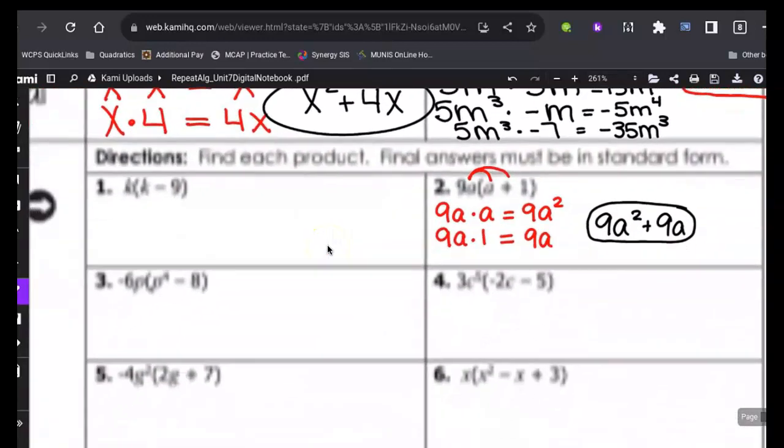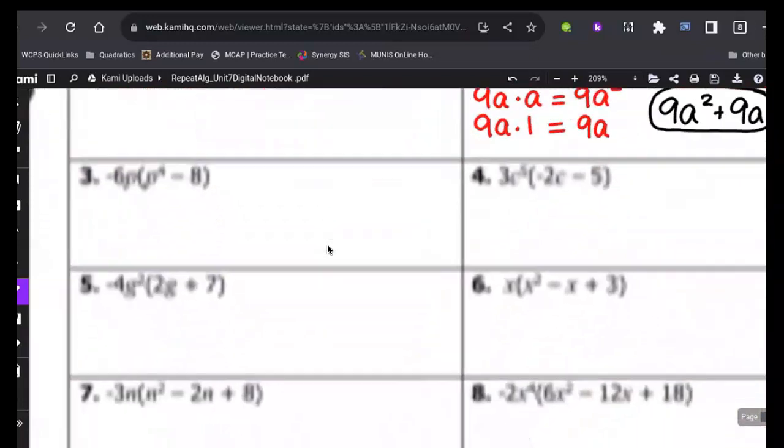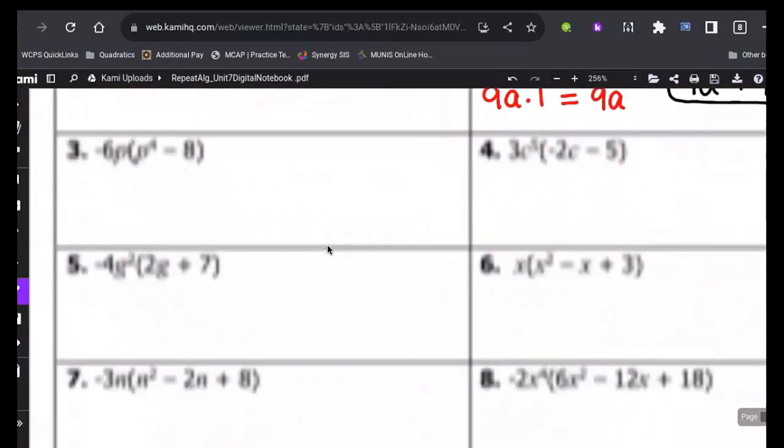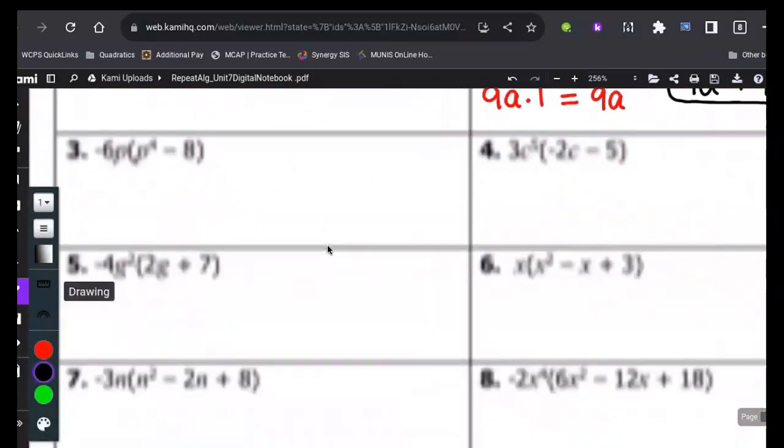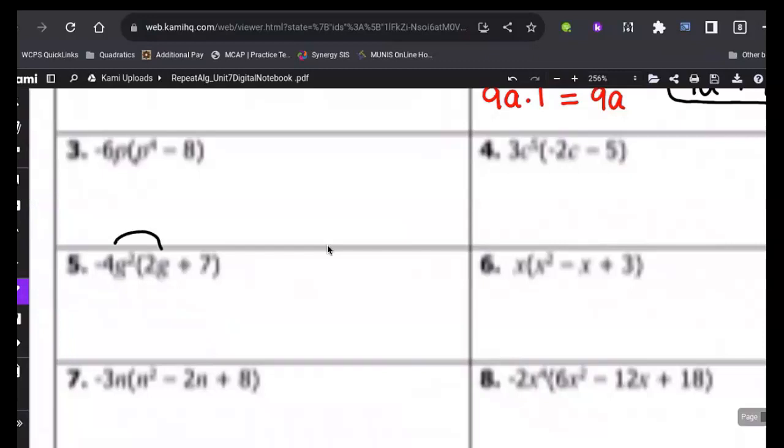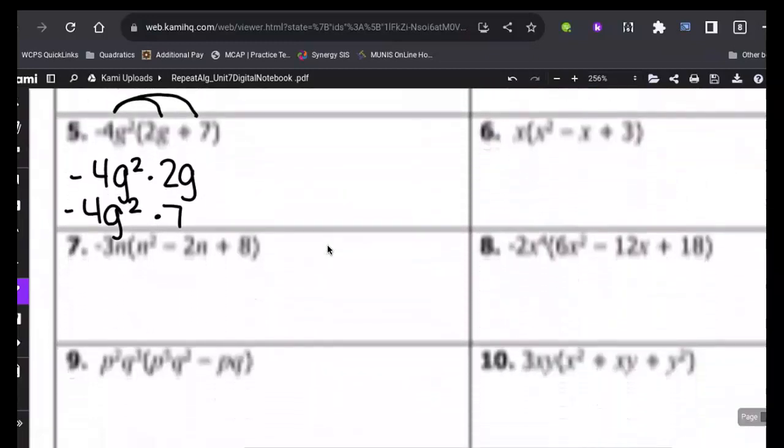So the next one I want to do is number 5. So we're not going to do all of the examples. We're going to skip around. So starting with number 5, we have negative 4g to the second power times 2g. And then we'll distribute it again to the second term. So negative 4g to the second power times 7. So first we'll do negative 4 times 2, which is negative 8.